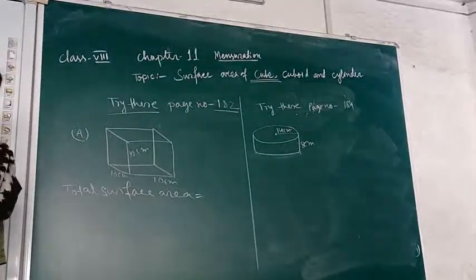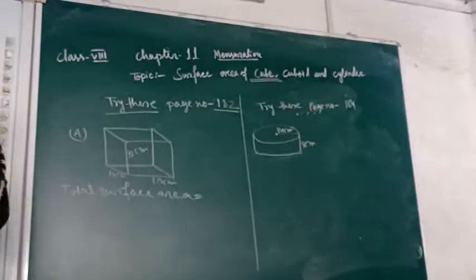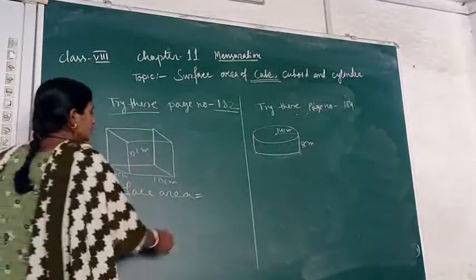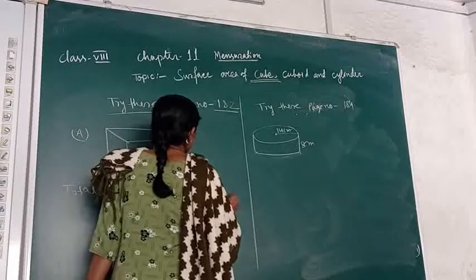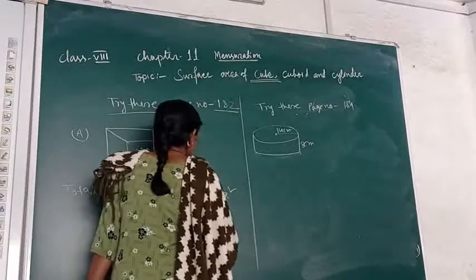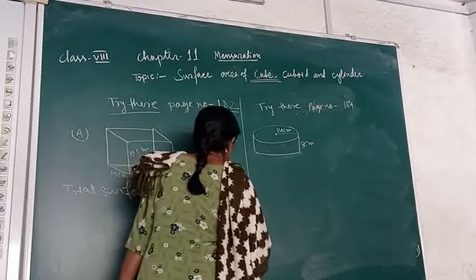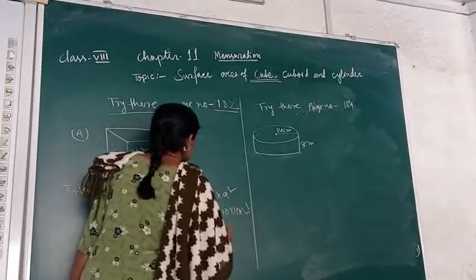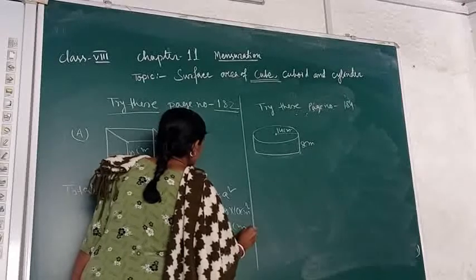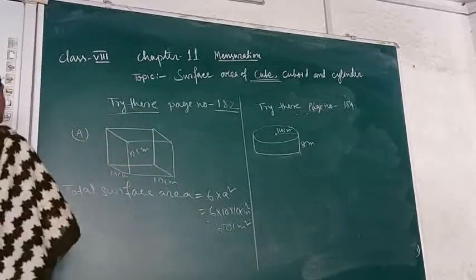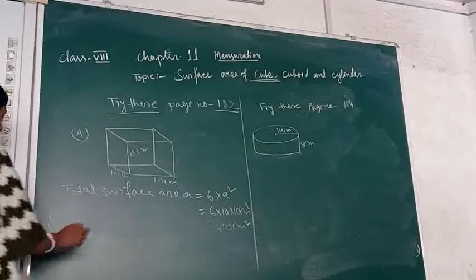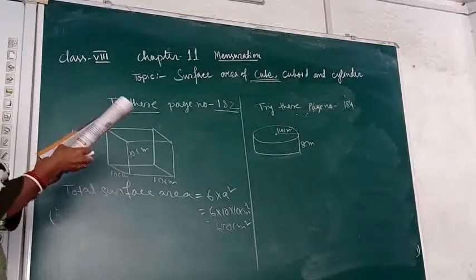So the total area occupied by the 6 faces we are going to consider. So how much will it be? Here we can write 6 into a square, where a is 10 into 10, that much centimeter square. So what are you getting? 600 centimeter square.